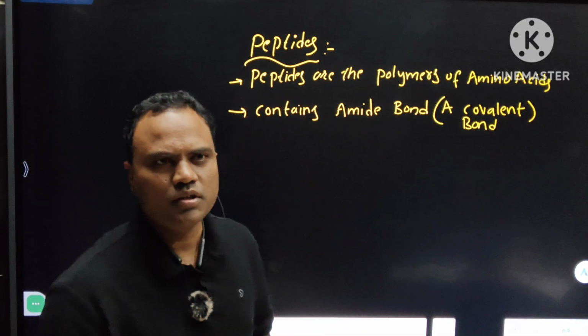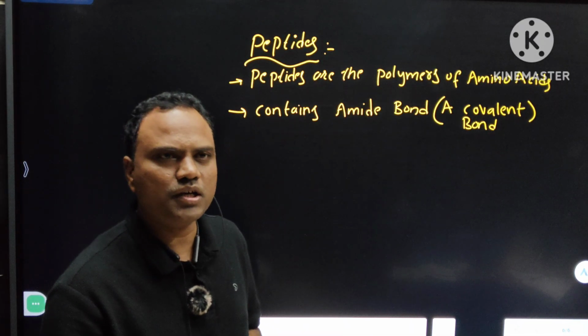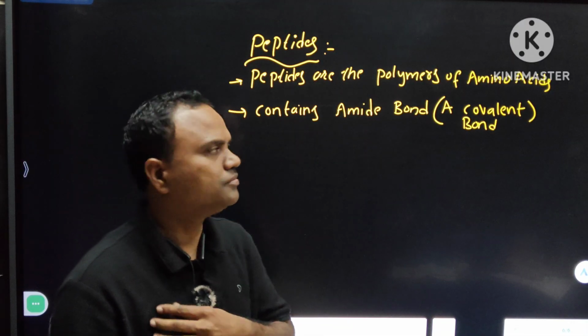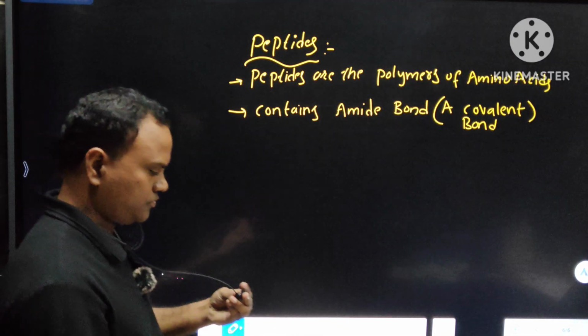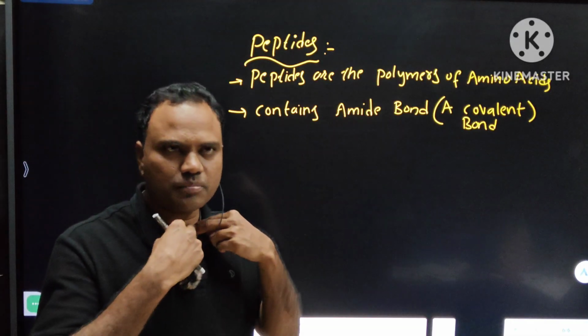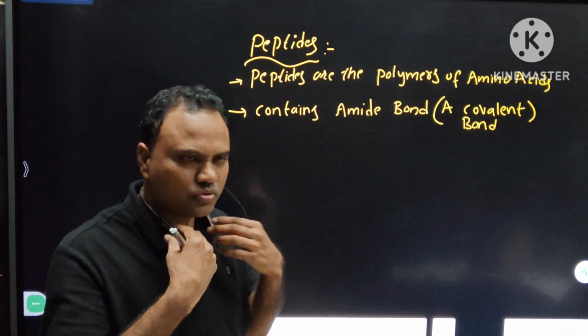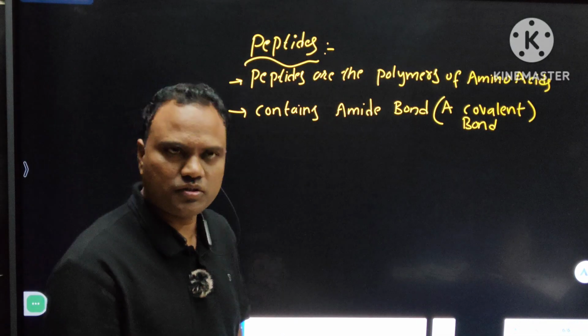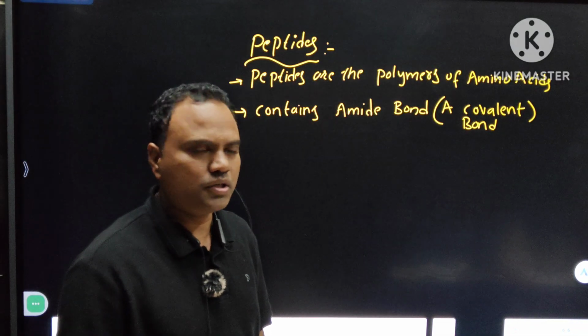Same only. You can call that newly formed amide bond the peptide bond. Amide bond or peptide bond, both are the same. I'll tell you with this example, your doubt will be cleared.